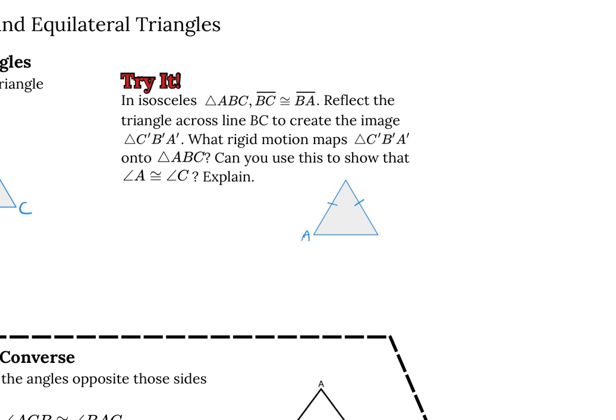We will label it. All right, and it says to reflect the triangle across BA. So if our BA side is right here, we want to reflect across this. And we're going to create an image off of that.